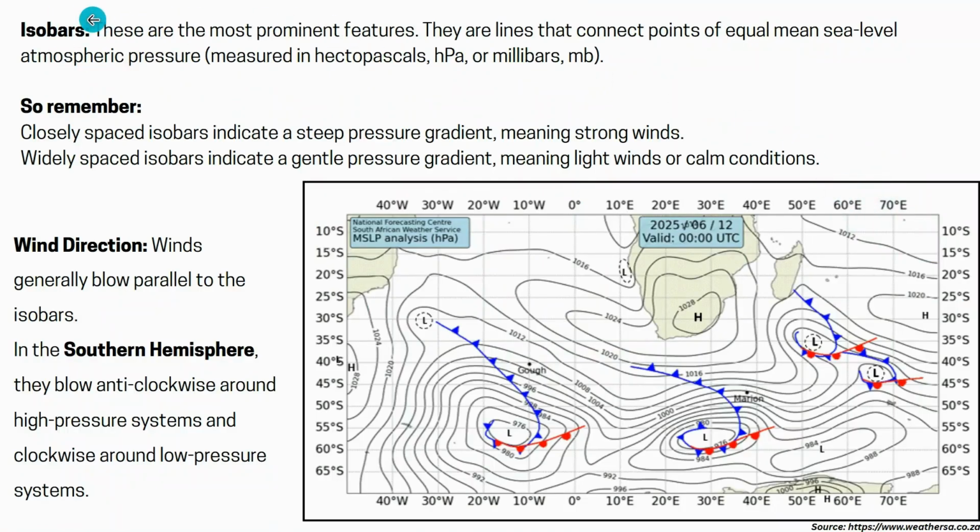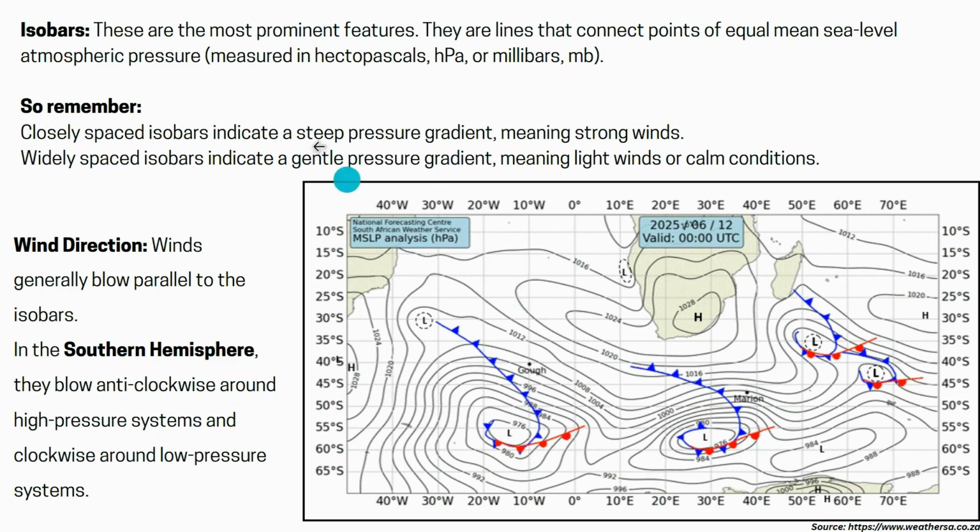So firstly, your isobars. We've discussed what isobars are, these lines that you see on a map. These are the most prominent features. They are the lines that connect points of equal mean sea level atmospheric pressure and it is measured in hectopascal.